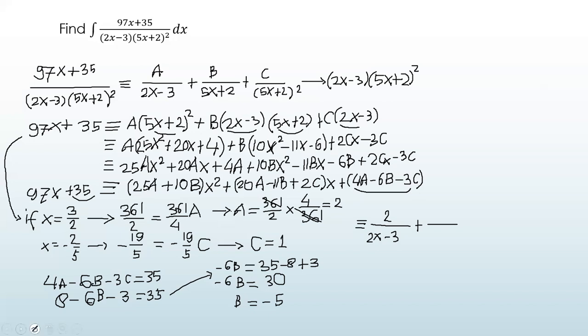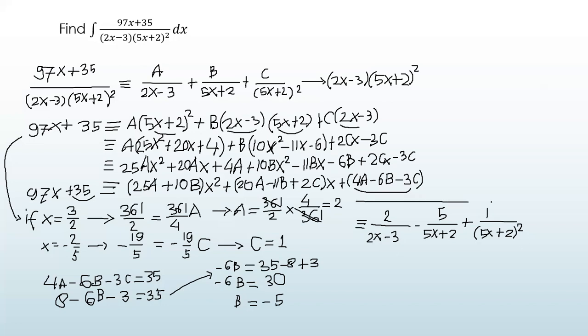B is negative 5, so minus 5 over 5x plus 2. And C equals 1, so plus 1 over 5x plus 2 squared, like this.